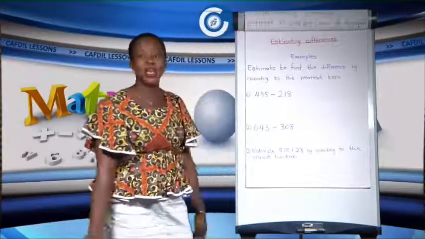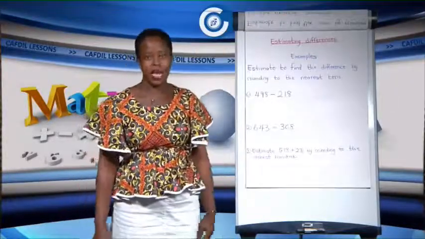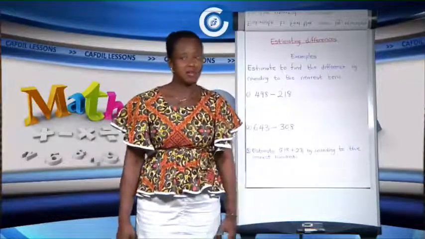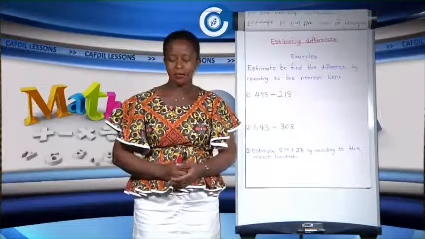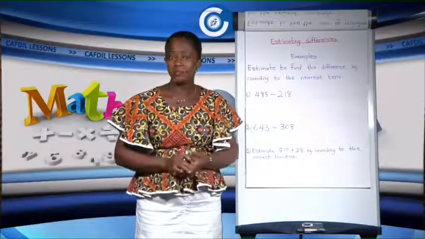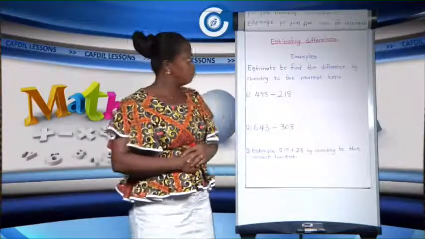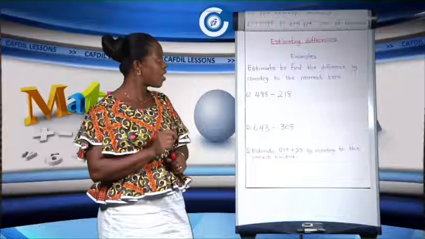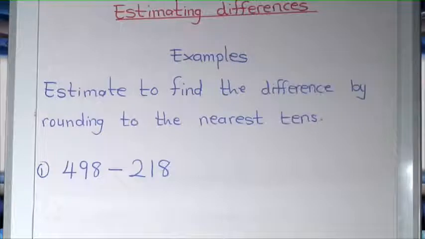Now, let's move on to estimating differences. As I said, when we say difference, it is the answer of a subtraction problem. So, estimate to find the difference by rounding to the nearest 10.